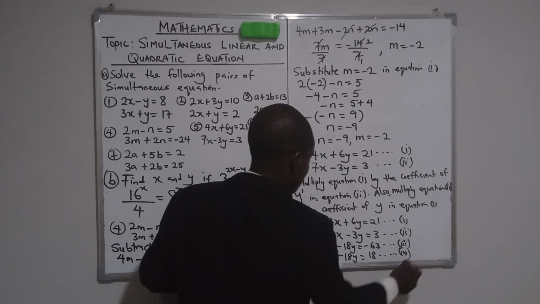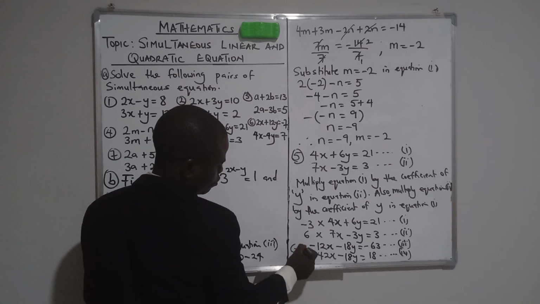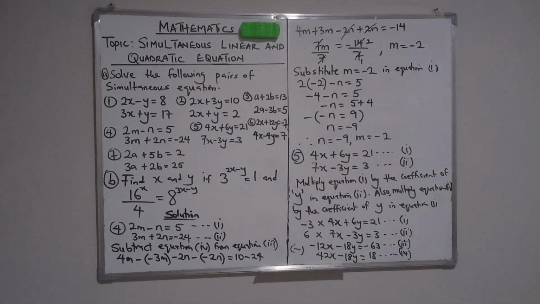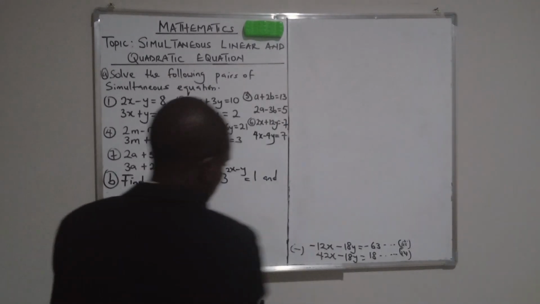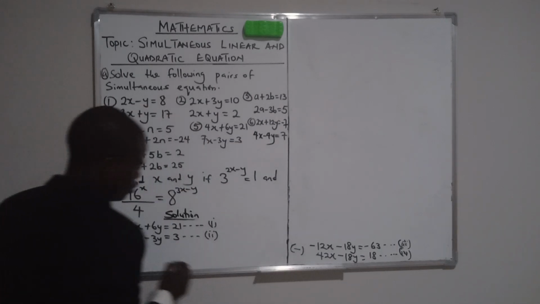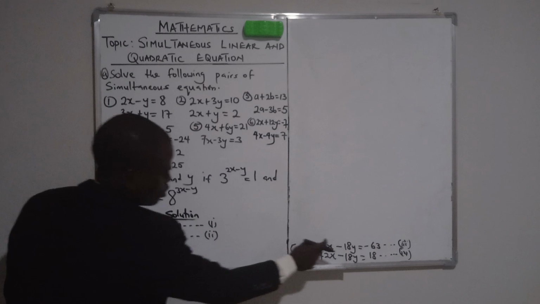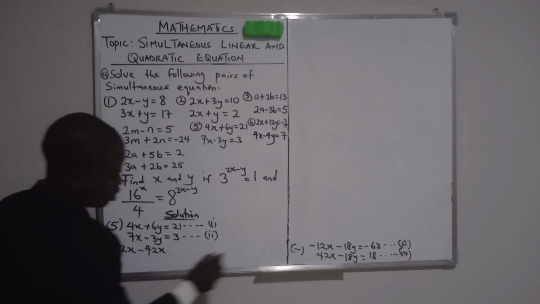Question 4. Okay, in this case now we have to introduce another negative. Let's put it in brackets. Now in this case, let's do the subtraction. We have minus 12x minus 42x.